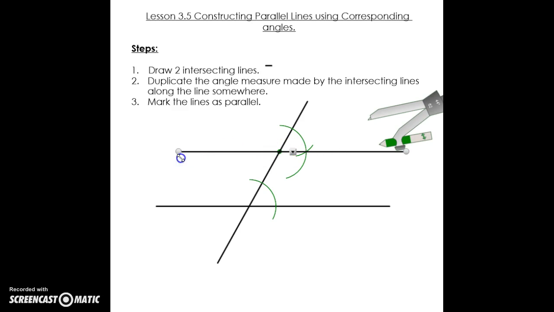Extend that out more to the left here. And so I've created two corresponding angles. They are congruent. And because the corresponding angles are congruent off the transversal, the lines are parallel. And these will be the problems that we'll practice for parallel lines.